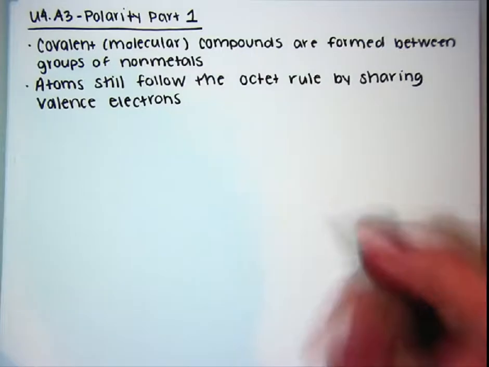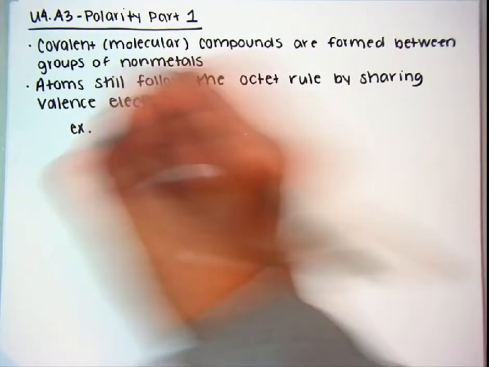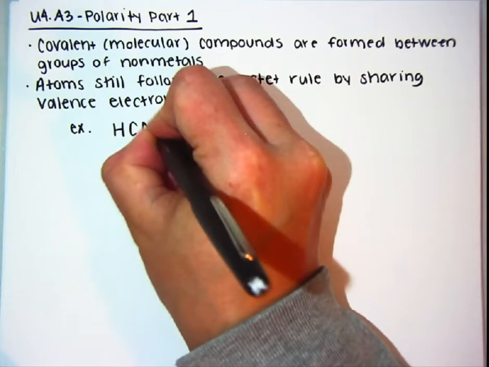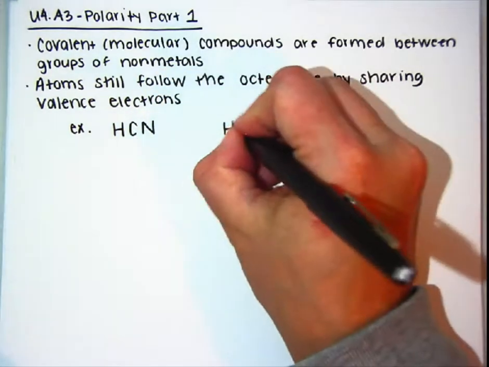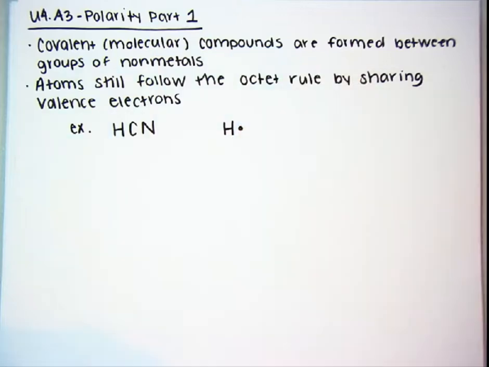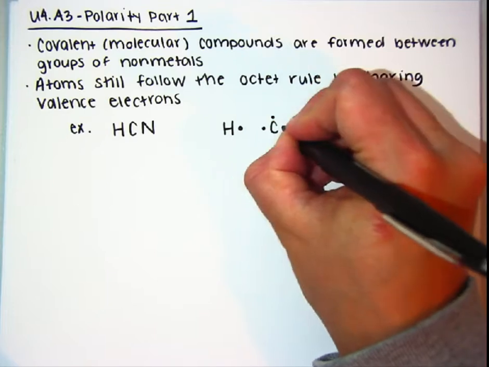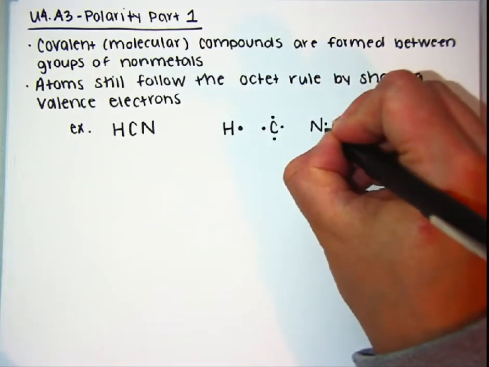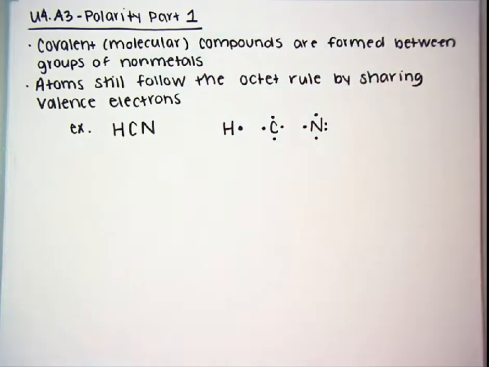So let's say I had HCN. Hydrogen has one valence electron. Carbon is in group 4. It has 4 valence electrons. Nitrogen is in group 5. It has 5 valence electrons.